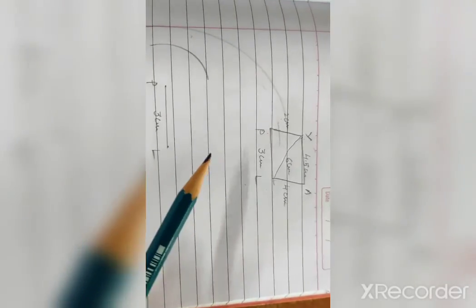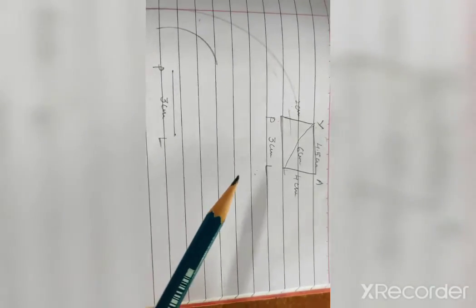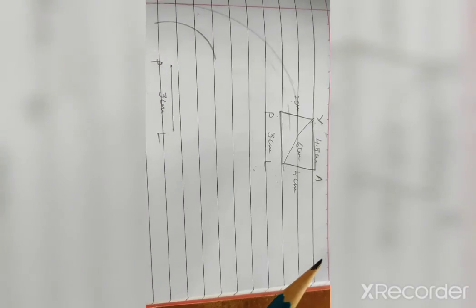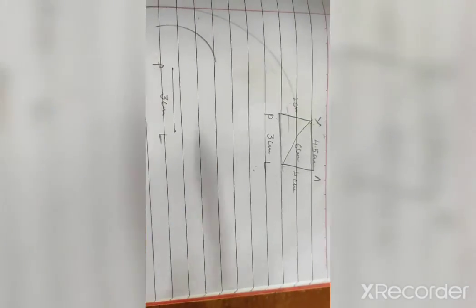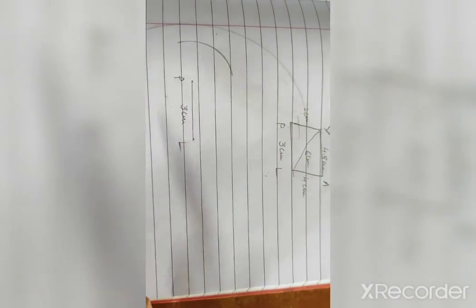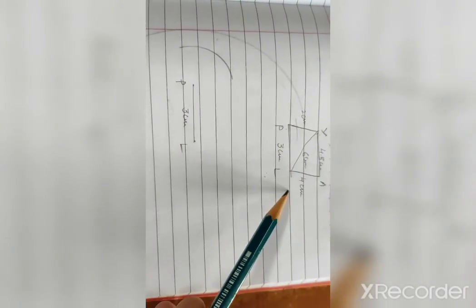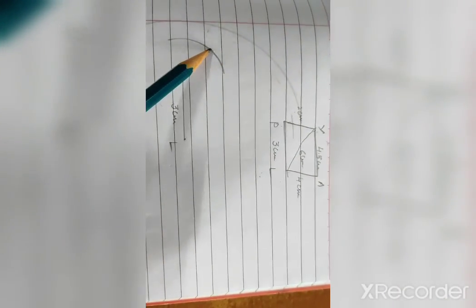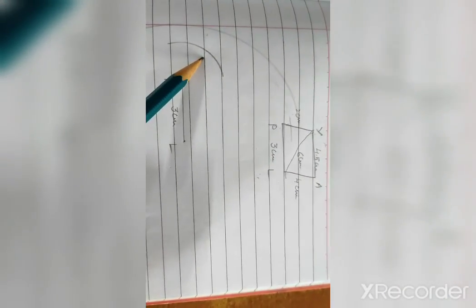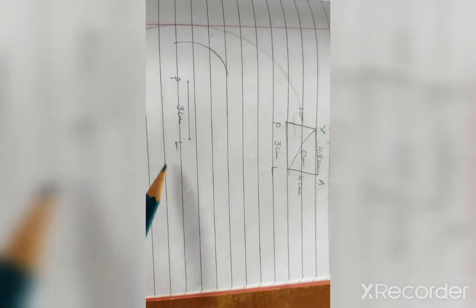So although 5 measurements are given here also, a unique quadrilateral we can get only with the required 5 measurements, because we are not getting an intersecting point. If LA is 4 centimeter, YA, but we are not getting the point Y. Okay, so it's not possible.